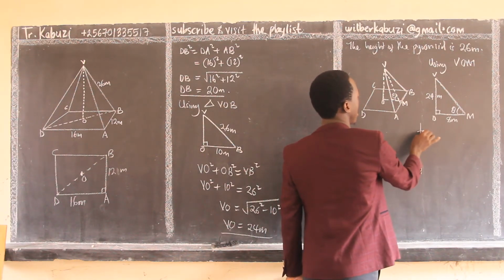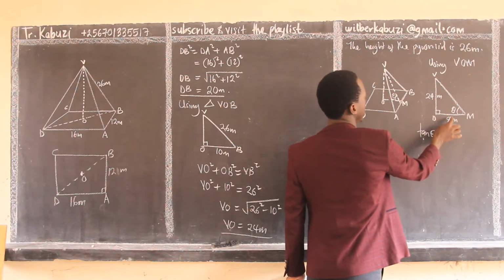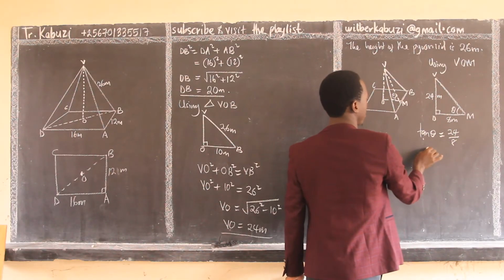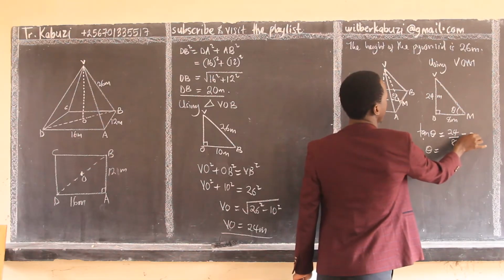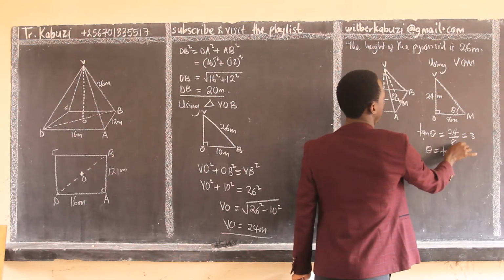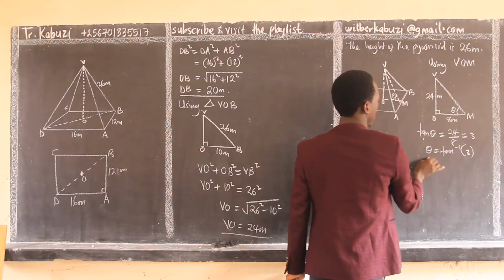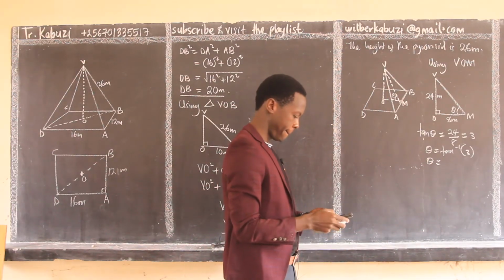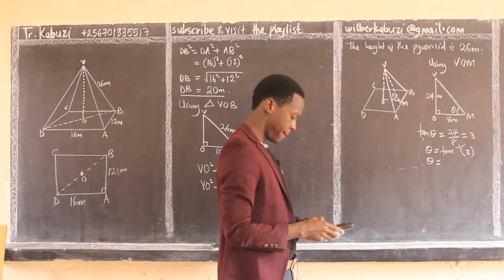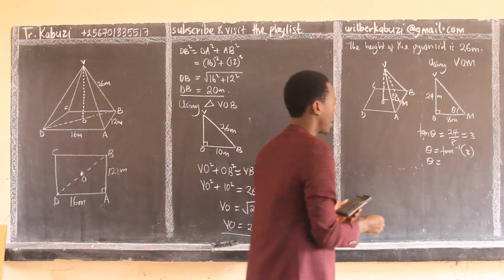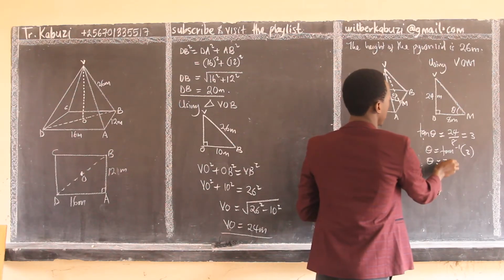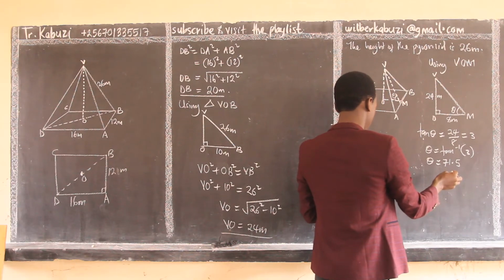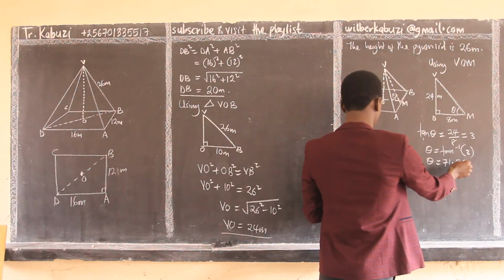So my tan theta is equal to the opposite over adjacent, which is 3. My theta will be tan inverse of 3, which is 71.565.